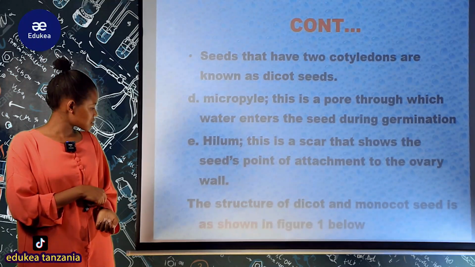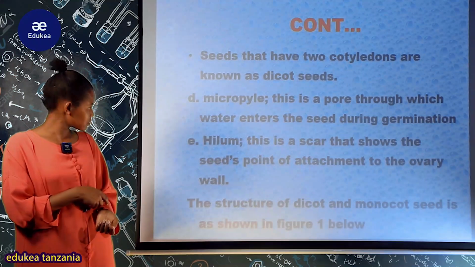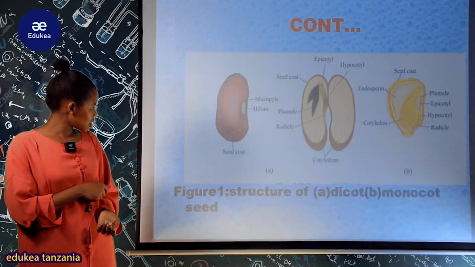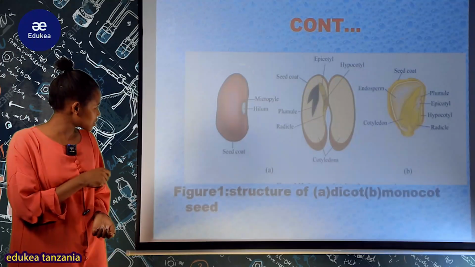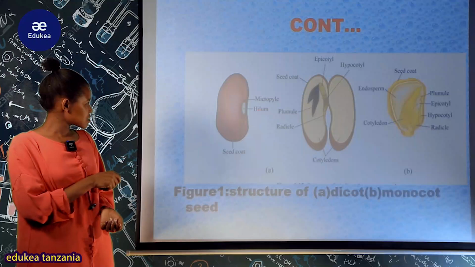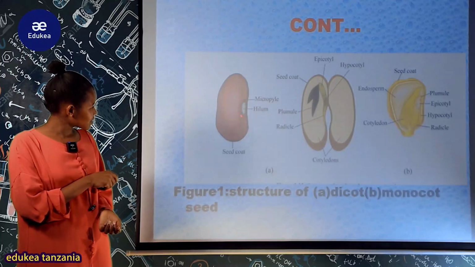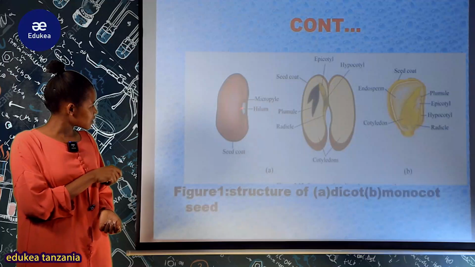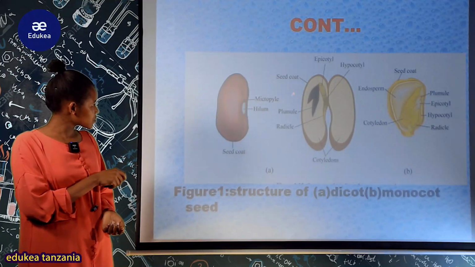Also, we can see the structure of the dicot and the monocot seed in this figure below. This is the monocot. Here we can see all the components of our seed. For instance, here we were talking about the hilum. This is the scar, which shows the attachment to the ovary wall. We have this micropyle, which we also saw.